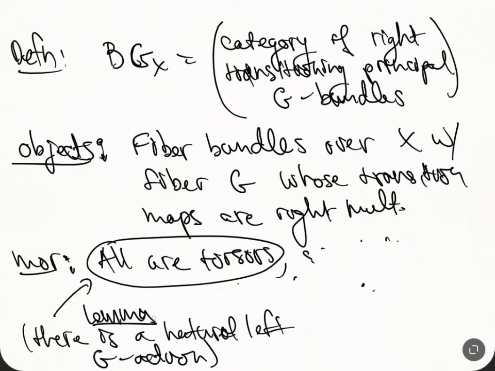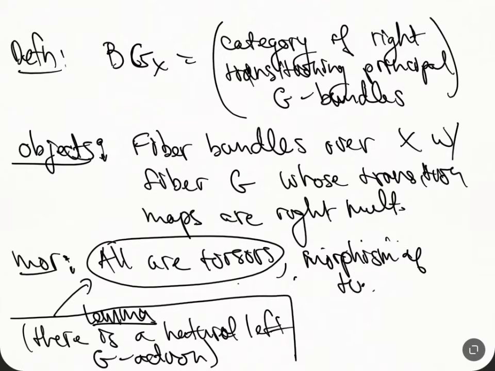Whenever you have this setup, where the transition maps are all given by right multiplication, this means that you can act on the left, and the transition maps are all going to be maps of torsors, maps of G sets. So left multiplication makes sense, and this left multiplication actually glues together. And so the morphisms are just going to be morphisms of torsors.